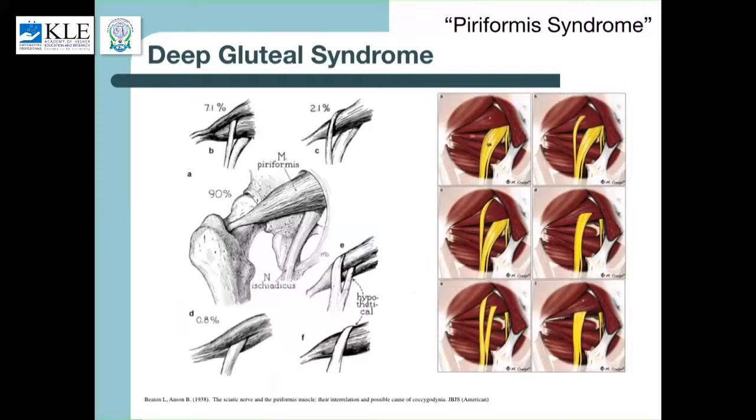If we move into the variant branches of the sciatic nerve with the piriformis, we can go back as far as 1938, when different dissections revealed anatomic variations of how the sciatic nerve moves around, through, underneath, or above that piriformis muscle. And this was rewritten back in 1947 by Robinson, and you can see that in the picture on the right.